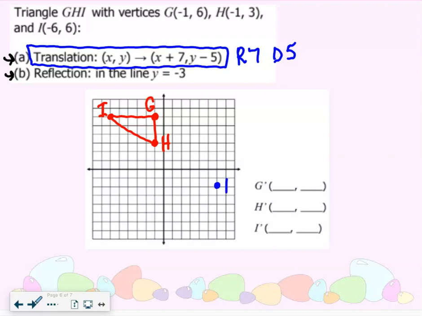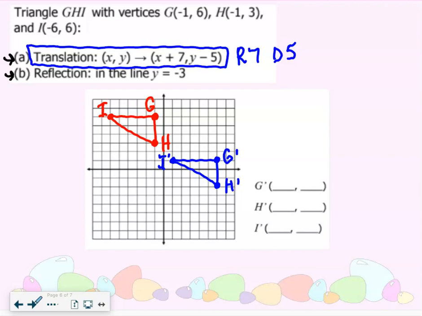So there's my new H. We'll do H prime. Move G over. All right, so this is where we should be at right now. I'm just going to double check something: 1, 2, 3, 4, 5. 1, 2, 3, 4, 5, 3. All right, everything works out so far.